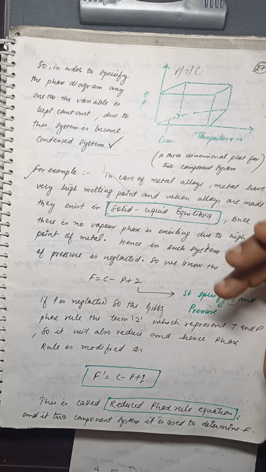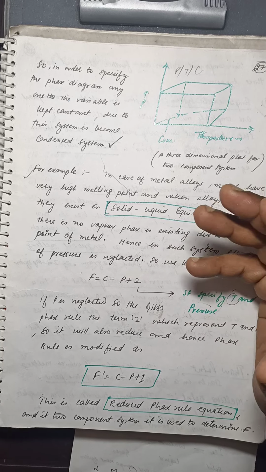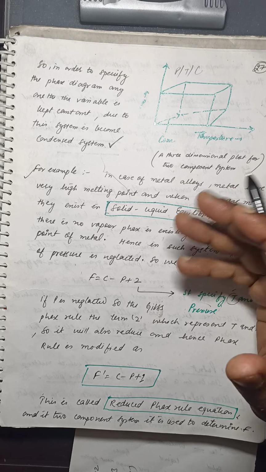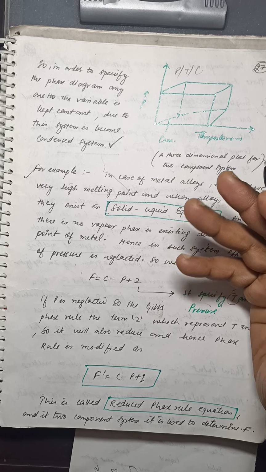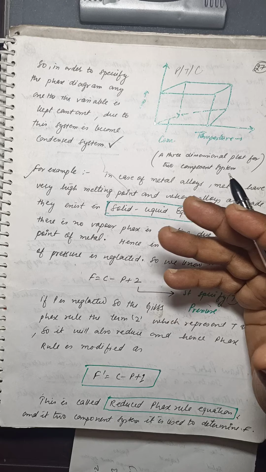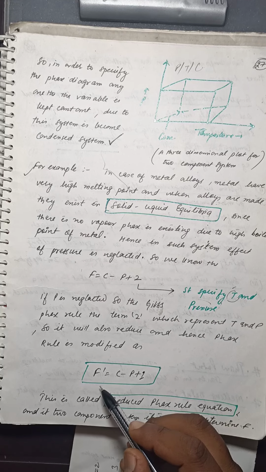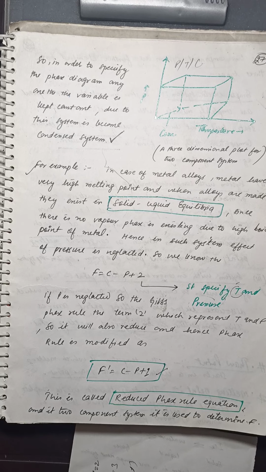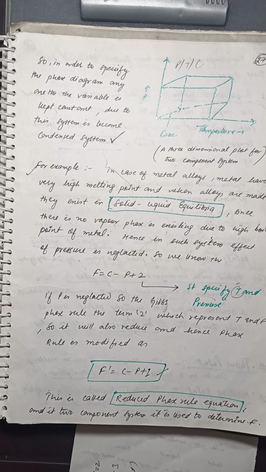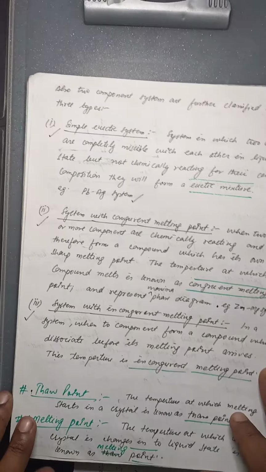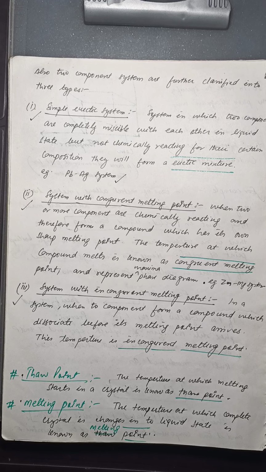If the pressure is neglected or kept constant, the phase rule is reduced, and a modified form is introduced, known as the reduced phase rule. Here F equals C minus P plus 1. It is mainly used in two component systems to determine the degree of freedom or variance.